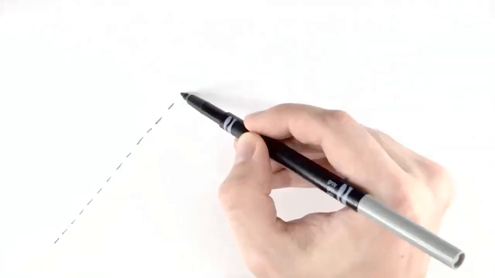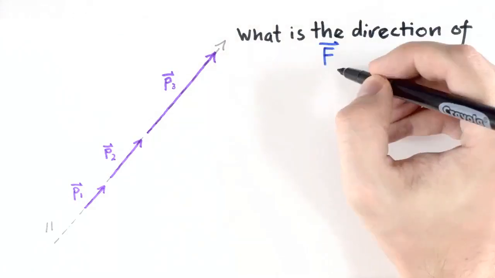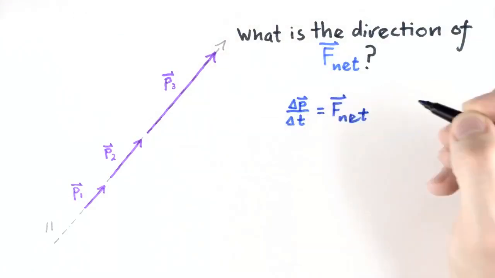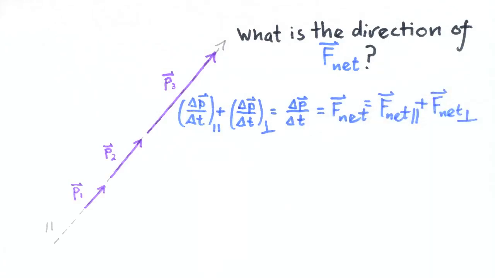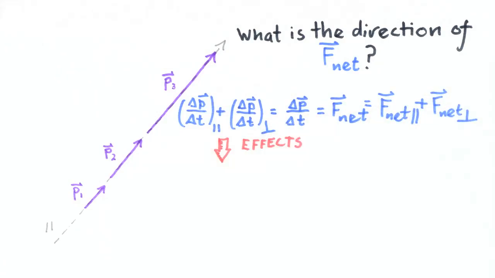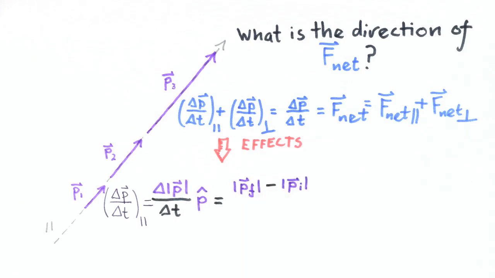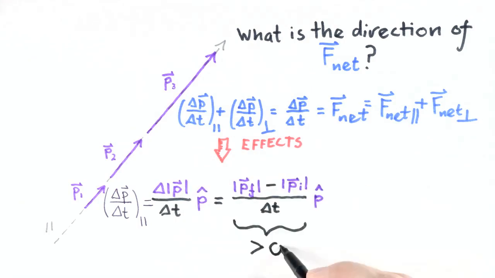Let's look at some specific examples. Let's say our system moves in a path like this, a straight line, and we observe that it is speeding up. What is the direction of F net? To find this, we'll always start with describing the effects, the changes in motion. First, for a trajectory like this, speeding up means the system momentum later in time must have a larger magnitude than the momentum earlier in time. The change in the magnitude must be positive.